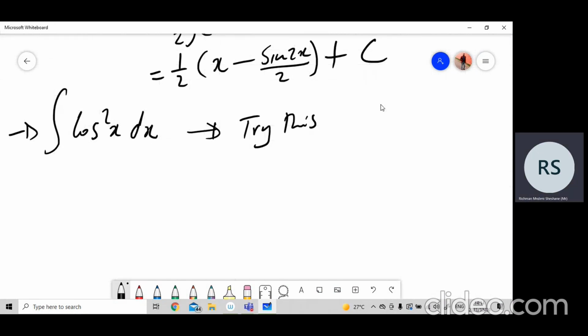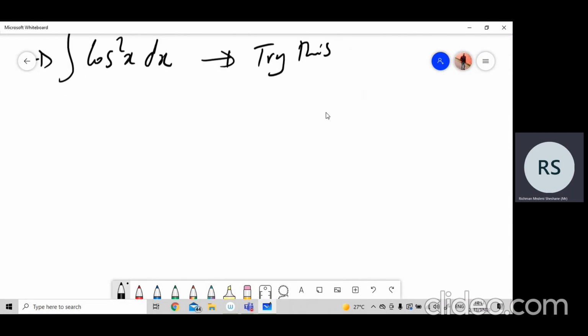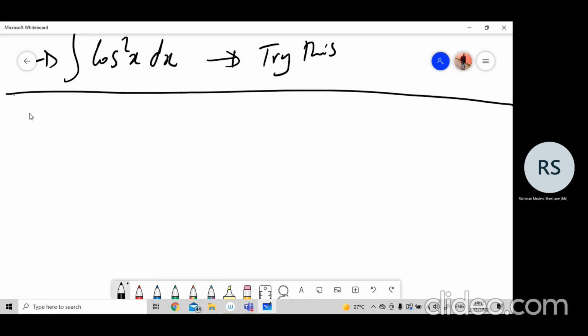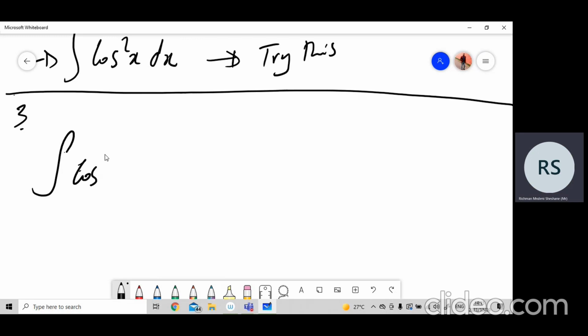Now, let's look at when sine and cos is to the power of 3. When we integrate, for example, because I did for sine, let me look at the cos now. Cos to the power of 3 x.